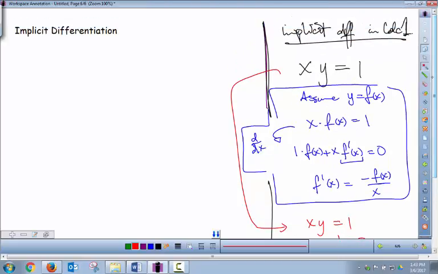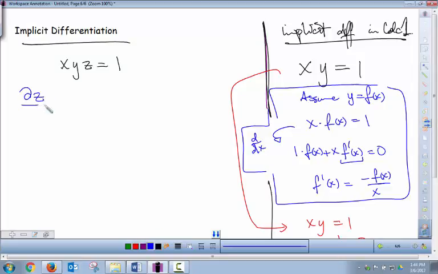So way back now, if you have a relation between the x, y, and z, and somebody tells you, oh, by the way, z is a function of x and y, then you want to find the derivative of z with respect to x, for example.